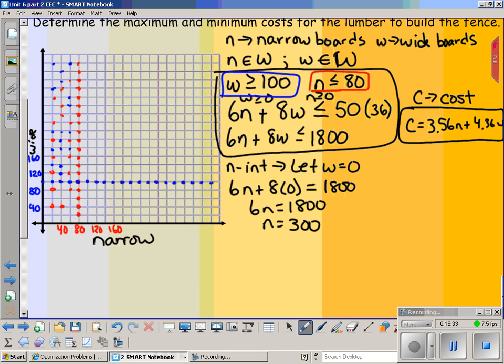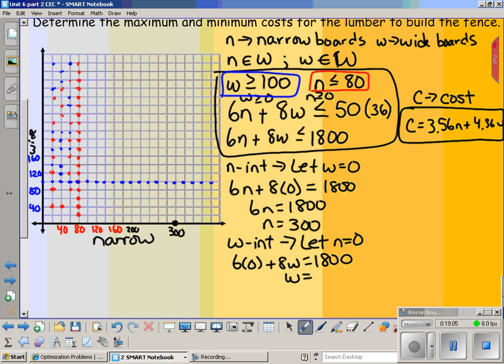So on the n-axis here, we need to go over to 300. And we put our point. And now we repeat the process to find our w-intercept. So we let n equal 0. So we'll have 6 times 0 plus 8w equals 1800.